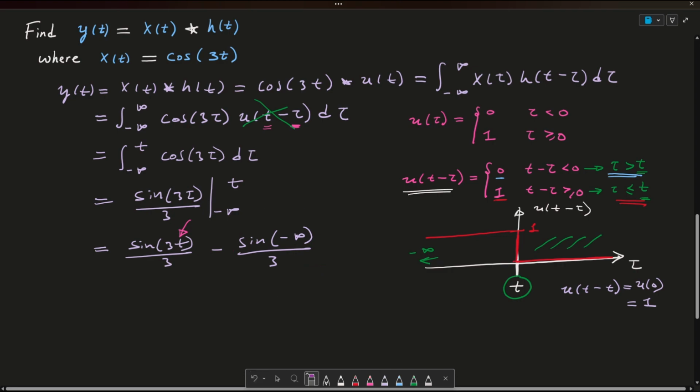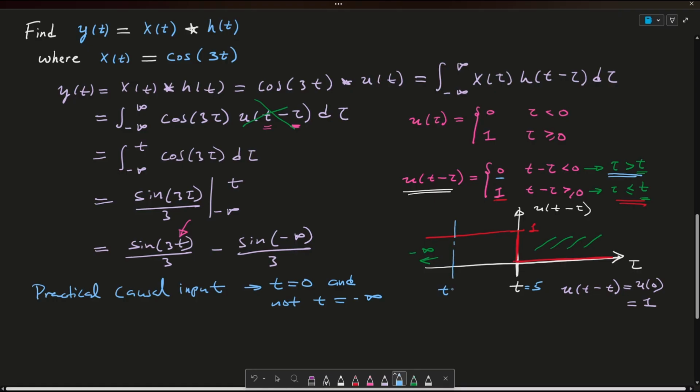In other words, for some value of our independent variable here, t, this function here is not a single value. So then to conclude this, let's take a practical causal input where my t starts from 0 and not t equal to negative infinity. So essentially consider that this t here maybe is around 5, and we cut this to be starting from t equal to 0 and not t equal to negative infinity, which is a more practical scenario.